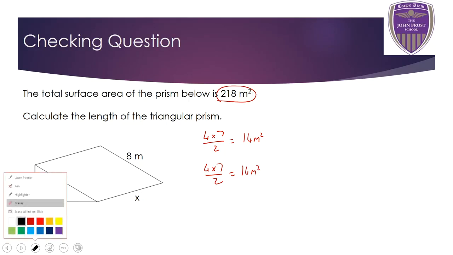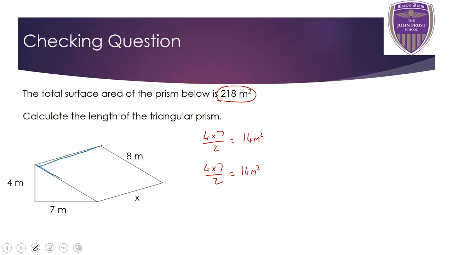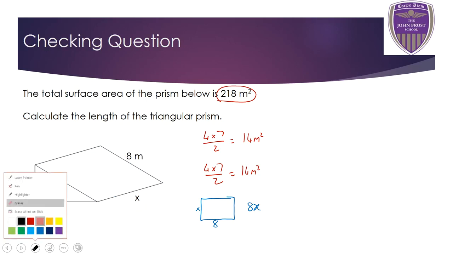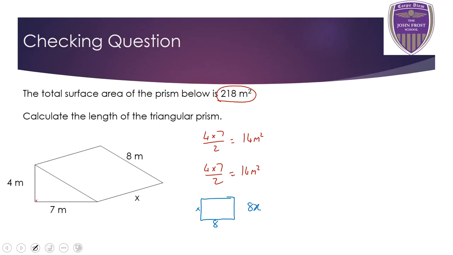So the first rectangle that we see is this one here. Again, now that's length times width, so that's 8 times x. Well, 8 times x, that's going to give me an area of 8x. Right, what are the other faces that we've got on this shape? Well, we've got the base here.